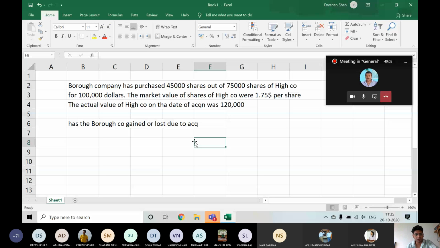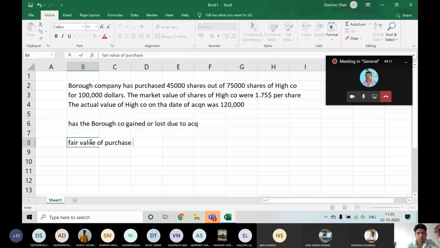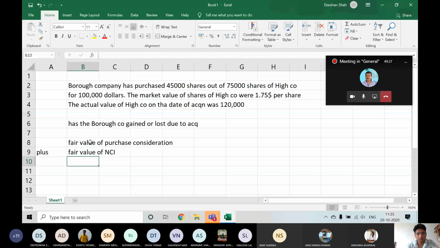I'll just write the formula again. Fair value of purchase consideration plus fair value of NCI, and whatever amount we get, that amount less the actual value of subsidiary company on date of acquisition.